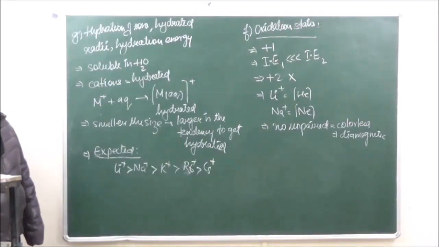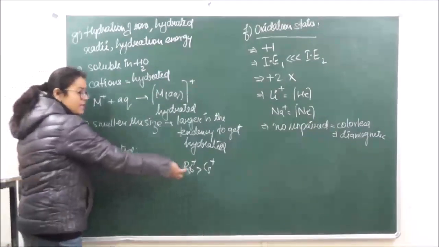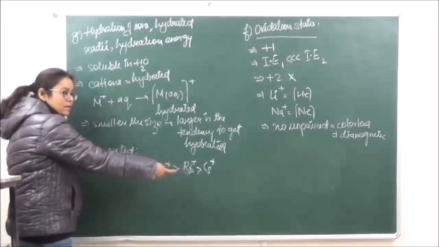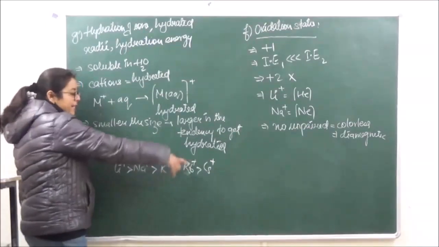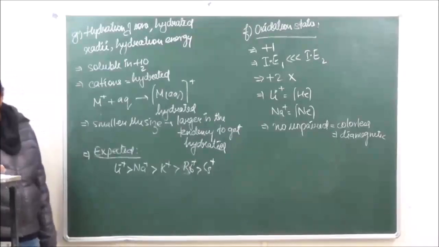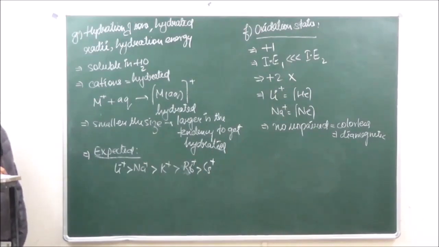In a similar manner, the size of the hydrated ion should also decrease in the same manner, because the size of the cation is decreasing in this manner. Now what happens to the ionic conductance? It is seen that larger the size, smaller is going to be the conductivity.